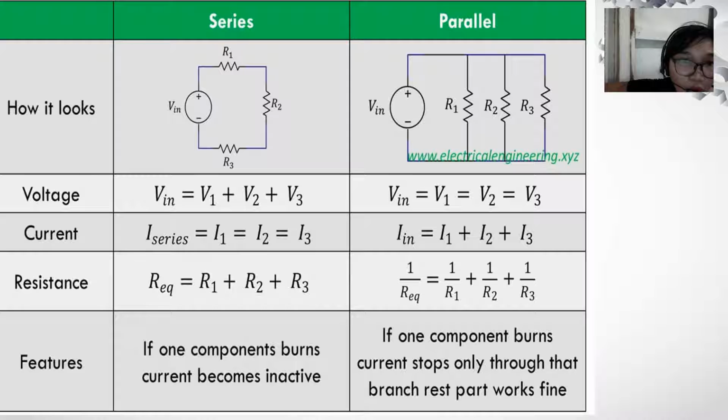As you can see, it is different because in series there is only one path, so it's straight. It's like you're going to your destination straight and you don't have to go to a different route. So that's why it adds.